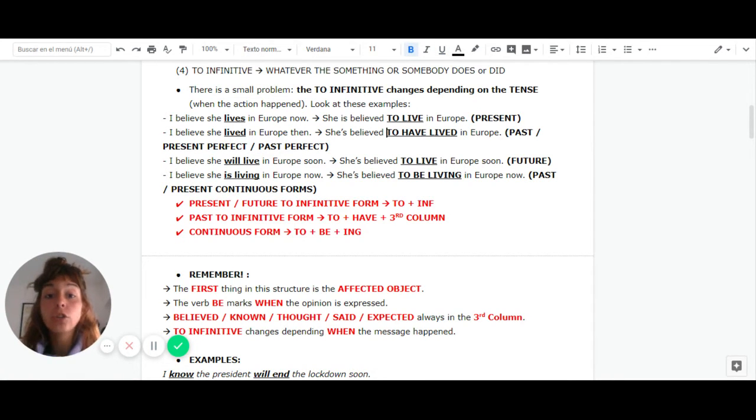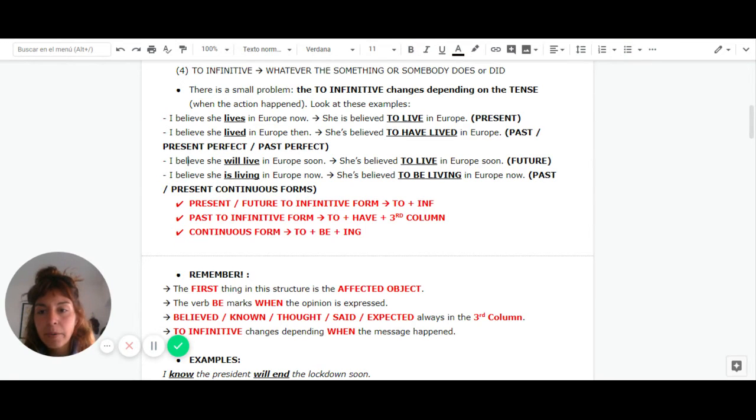Entonces, pongo to plus have plus the third column. To have lived. Siempre que las acciones estén en el past, present perfect, or past perfect, I need to use to plus have plus the third column.